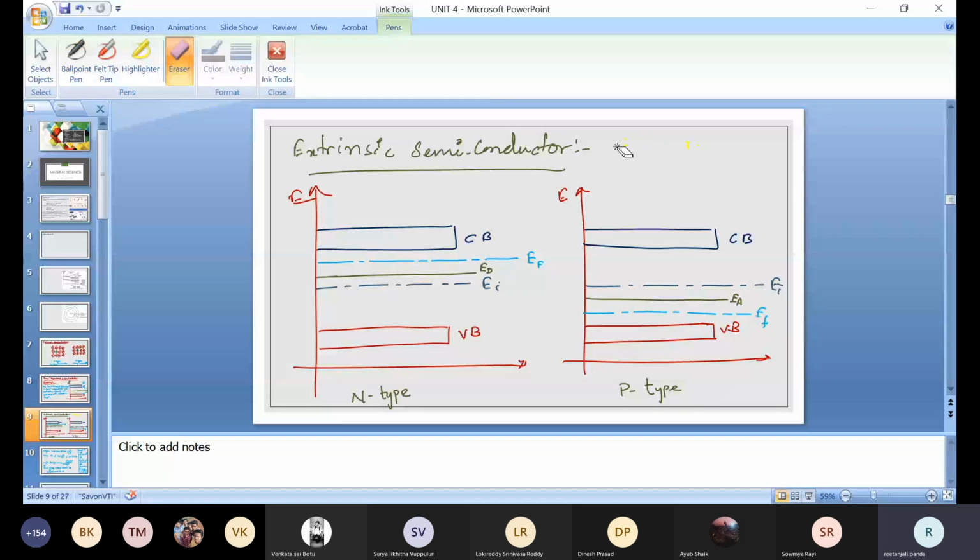That is what this black color line represents.